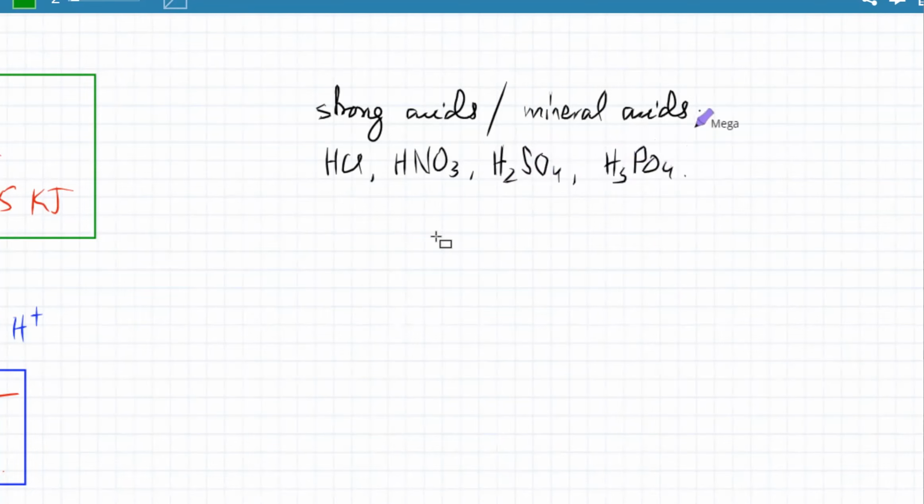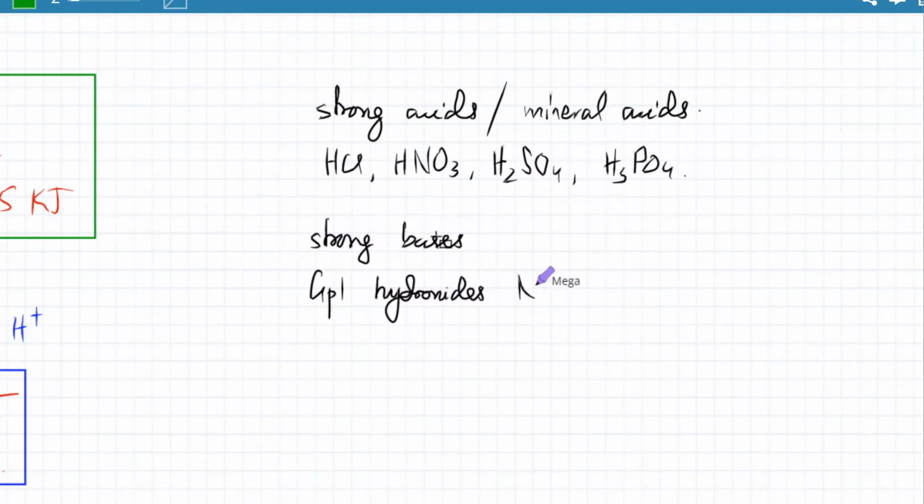So which ones are strong bases? Strong bases are your group 1 hydroxides, like NaOH.